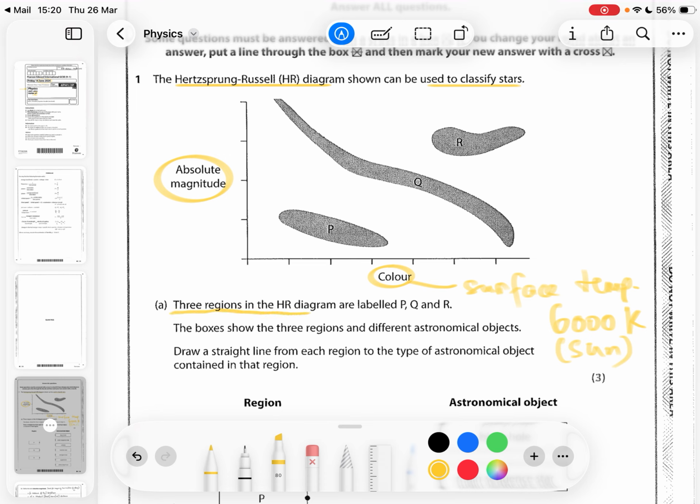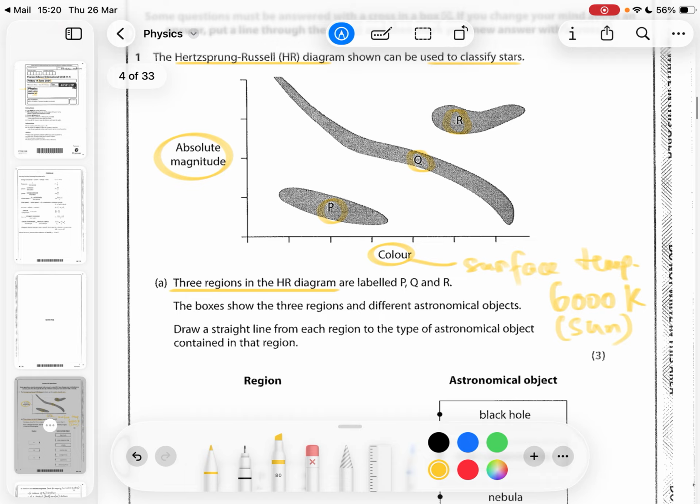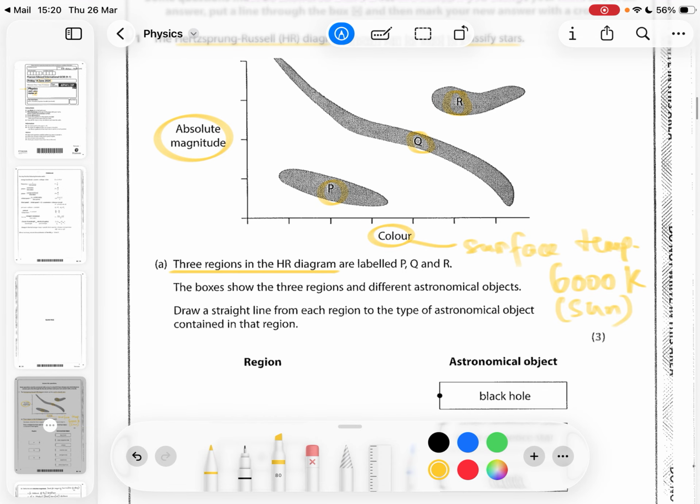3 regions on the HR diagram have been labeled P, Q, and R. They have different regions here where the different types of stars exist in terms of their brightness, luminosity, and their temperature.